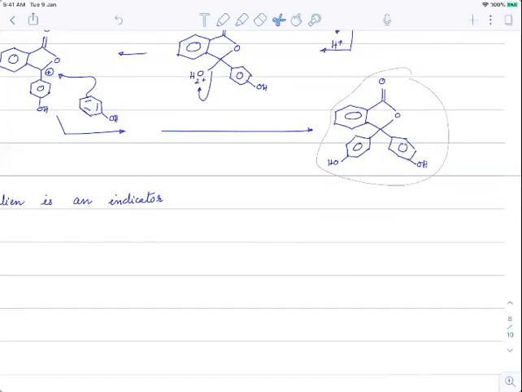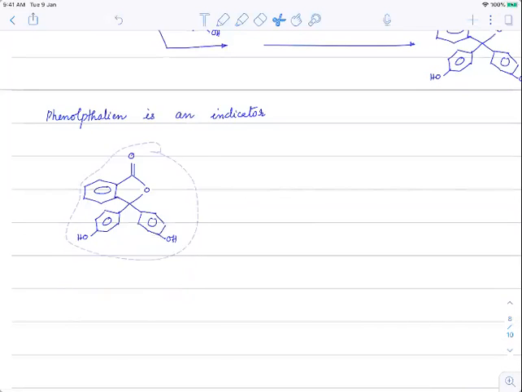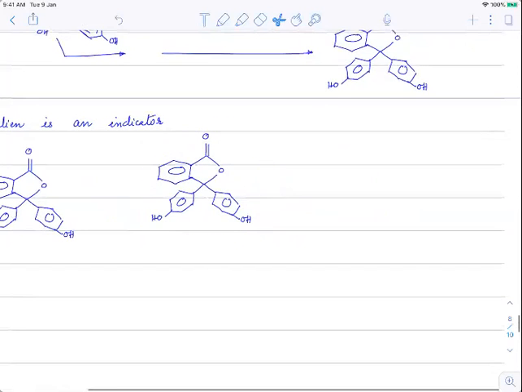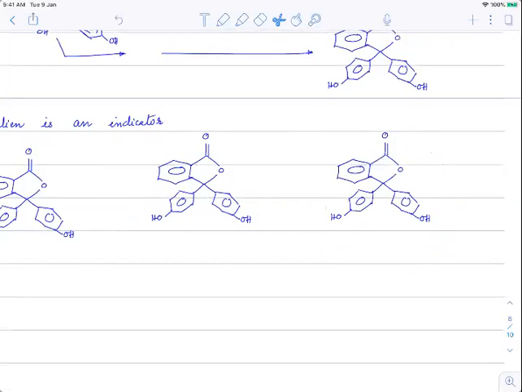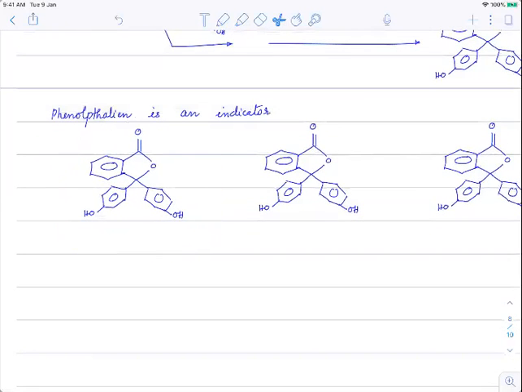You see, take this. Let's see how it is acting like an indicator. So basically, if you react this with OH minus, okay, then it will grab the H plus from this. यहाँ से H plus ले लेगा, okay, यहाँ से, और ये भी H plus ले लेगा.